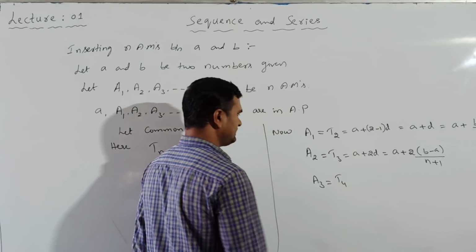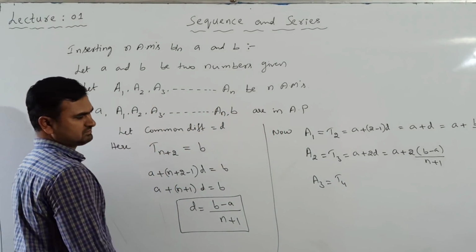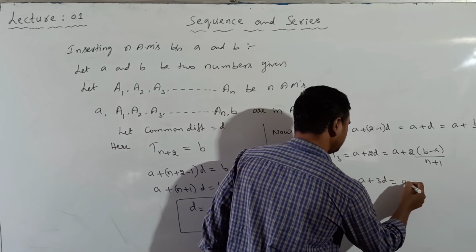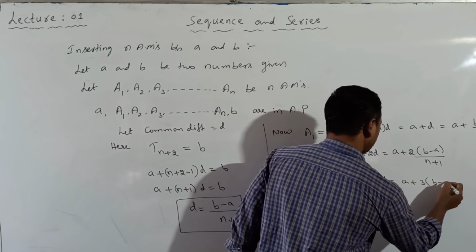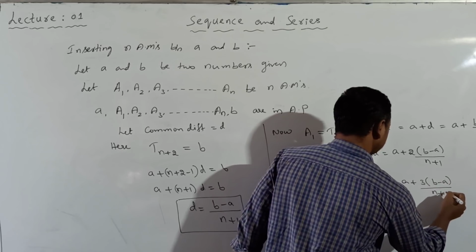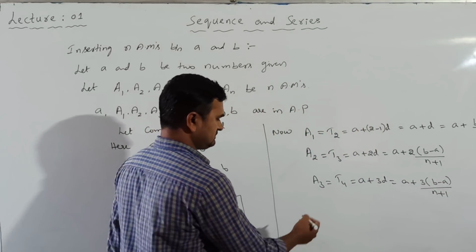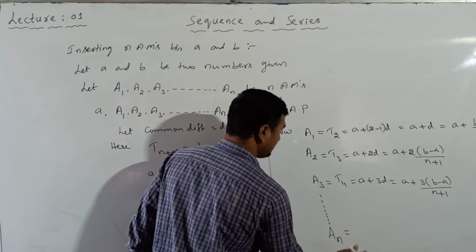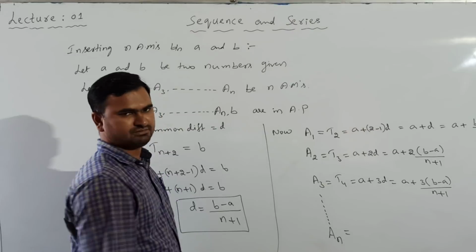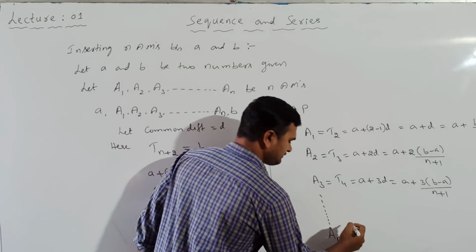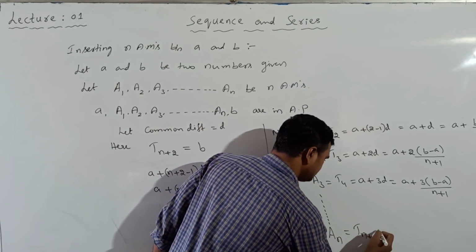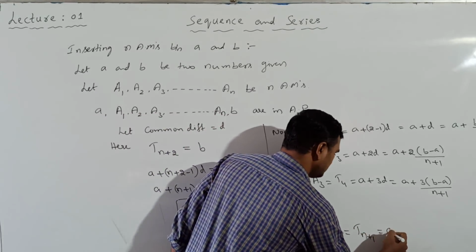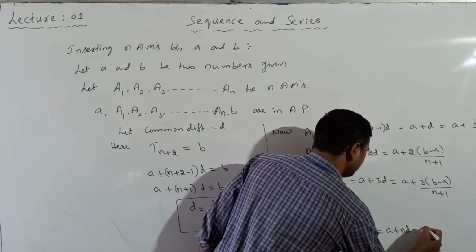A3 is the fourth term, that is a plus 3d. And so on. The last arithmetic mean, An, will be which term? It is the n plus 1th term of the AP. So An equals T n plus 1, that is a plus nd.